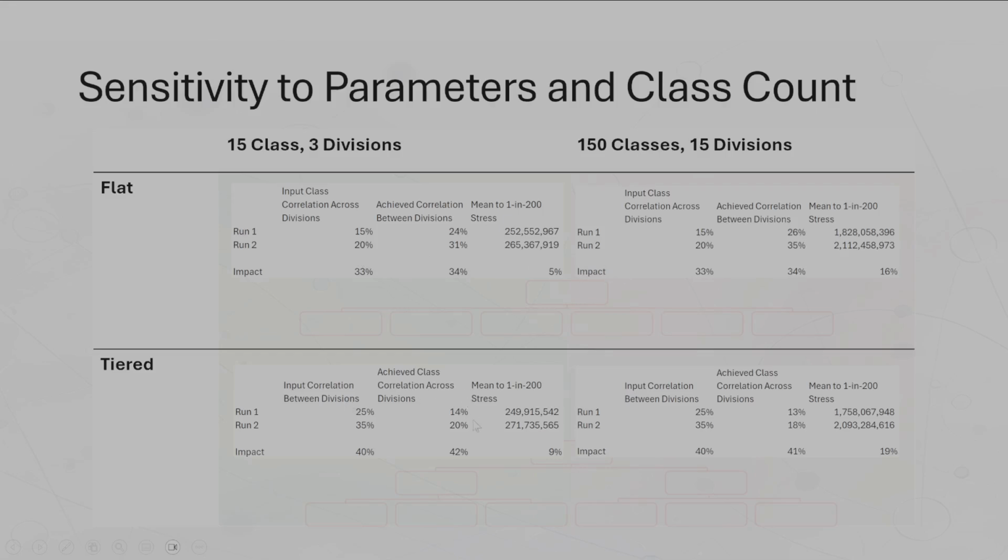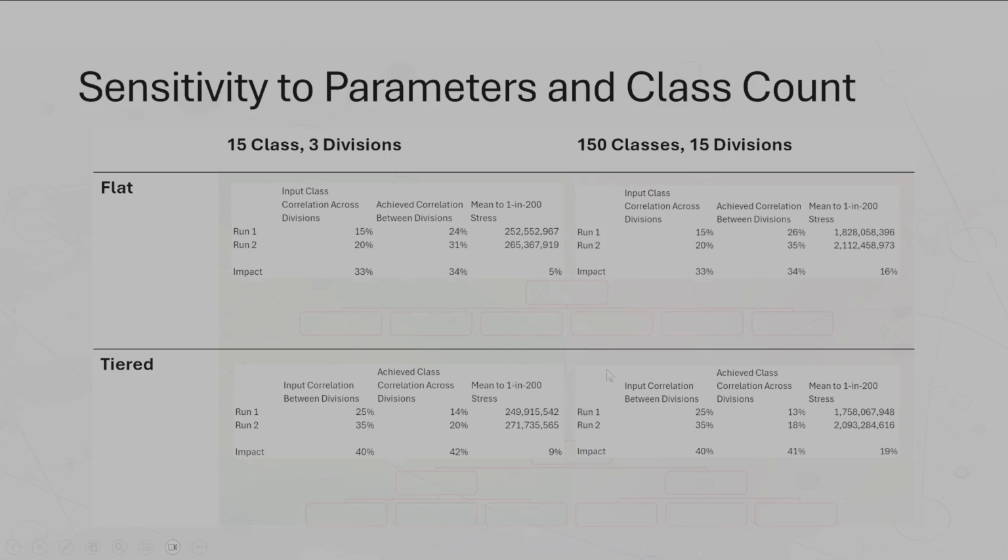So really there seems to be quite a lot of stability in this relationship, and it's holding true as we look at the 150 class example as well. So the 25 input is achieving something like 15%, which is consistent with before, and the 35% assumption is achieving something like 18%, nearly the 20 that we were seeing before.